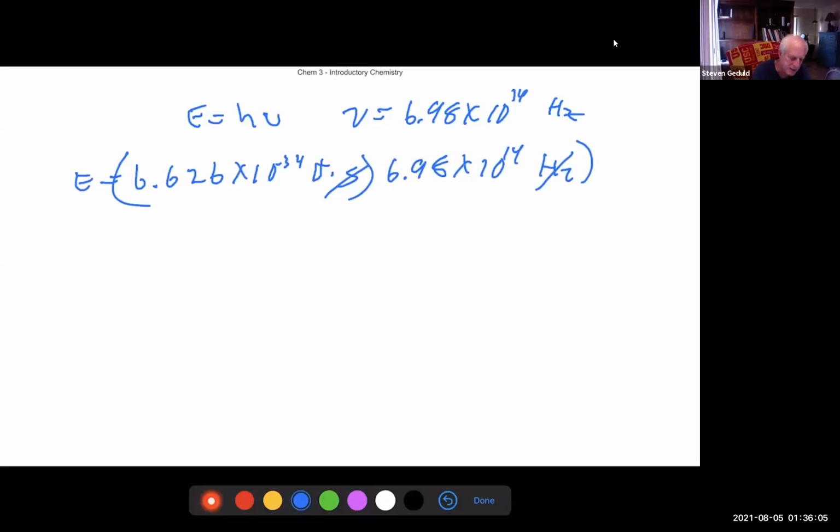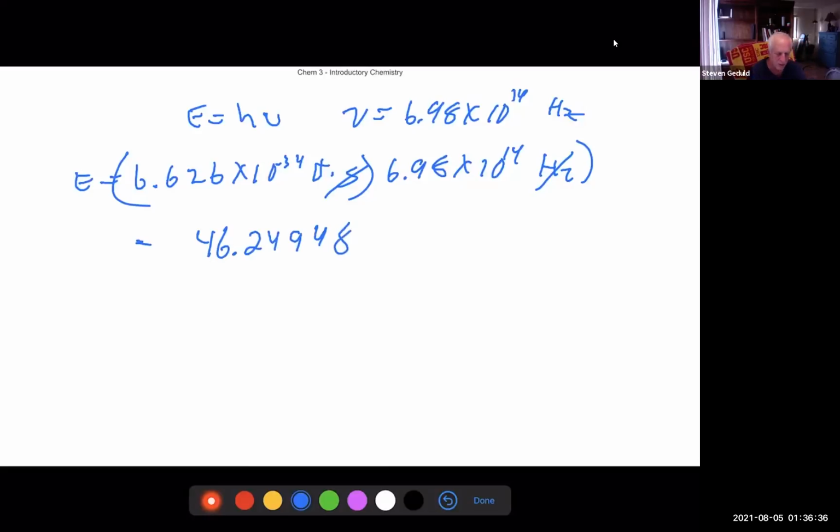There's per second and that's seconds, and you end up with joules. So our energy would equal 6.626 times 6.98, and that equals 46.24948.